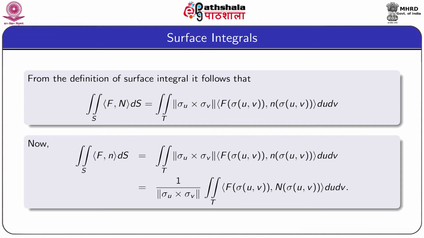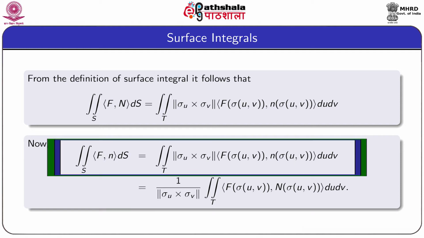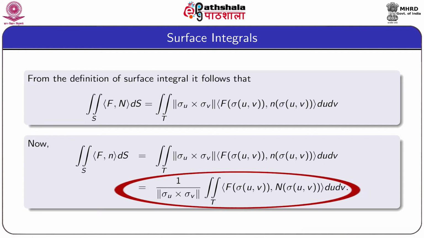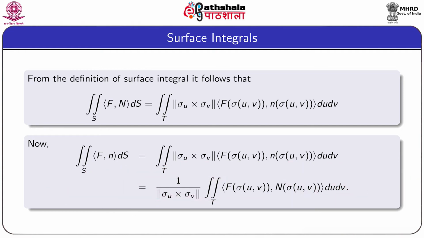Now, the surface integral of the inner product of F and small n over S equals the double integral over T of norm of sigma_u cross sigma_v times the inner product of F(sigma(u,v)) and small n(sigma(u,v)) du dv. So, this equals the double integral over T of the inner product of F(sigma(u,v)) and capital N(sigma(u,v)) du dv.